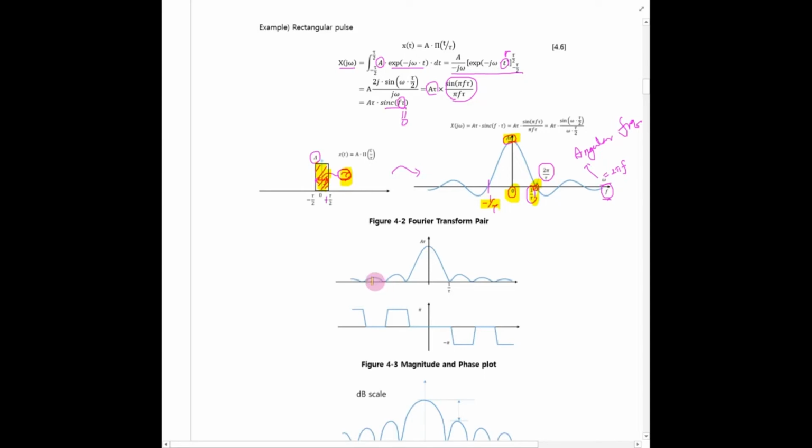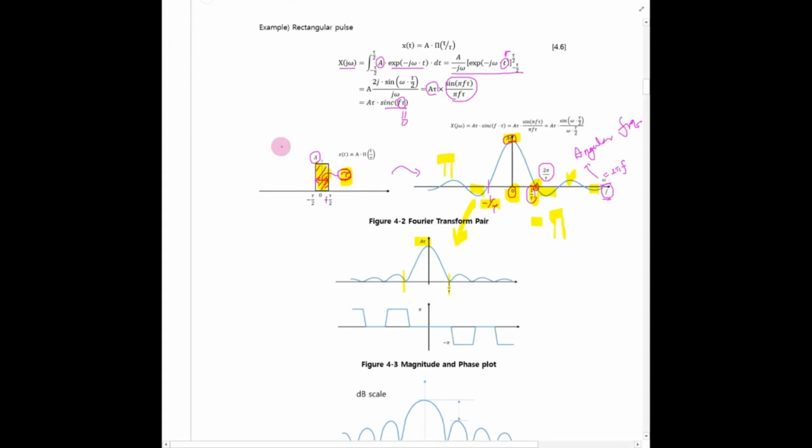Here shows the magnitude response, obtained by taking the absolute value. The magnitude is A tau. The first null is here, and you know that this part is negative, but this part is a positive period. In the negative period, the angle is minus pi or pi. Conventionally, as the frequency increases, the angle is decreasing.